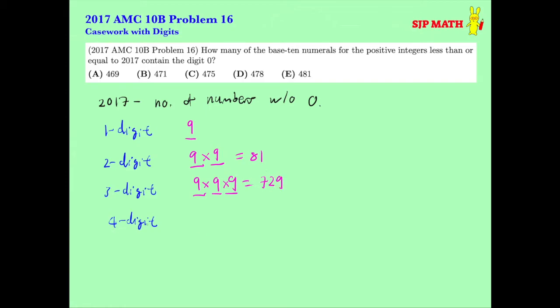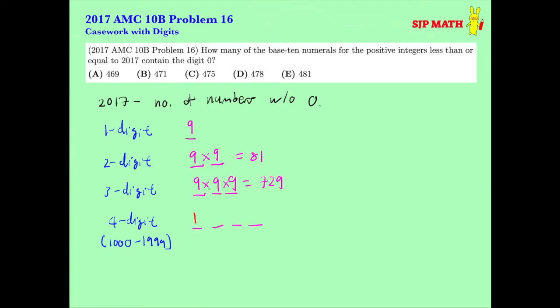And then for 4-digit numbers, we only have to go up to 2017. We have to look at some subcases for this, but it doesn't make a difference. Let's look at all the 4-digit numbers that start with a 1. We're going to set the first digit as 1, and then look at the possibilities for each of the other digits.